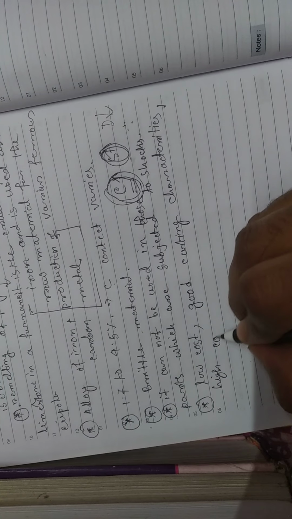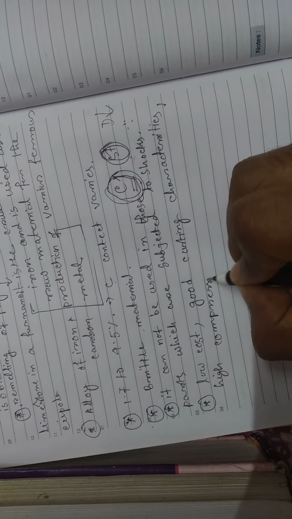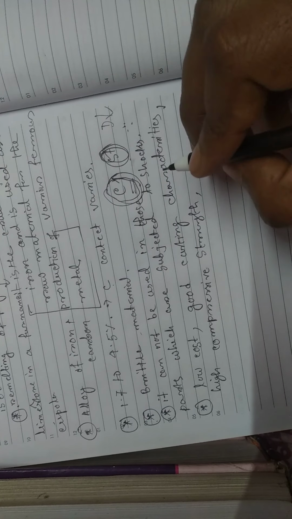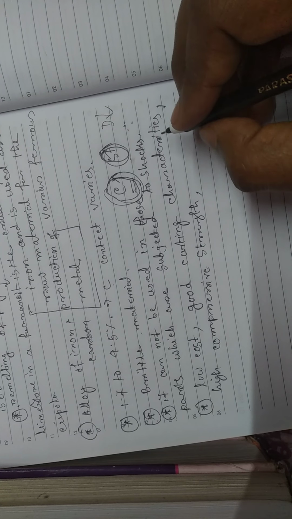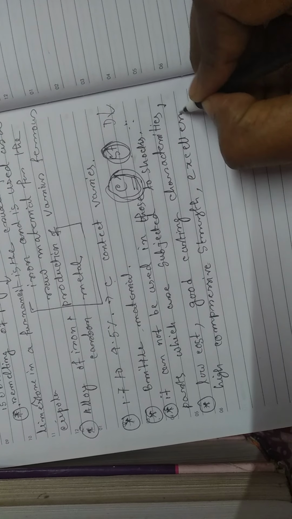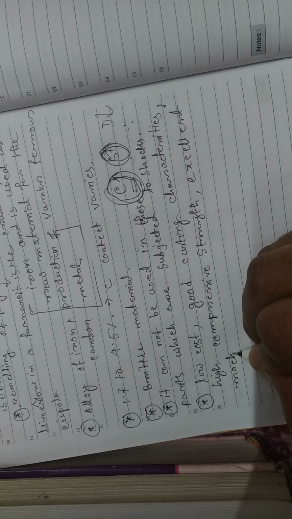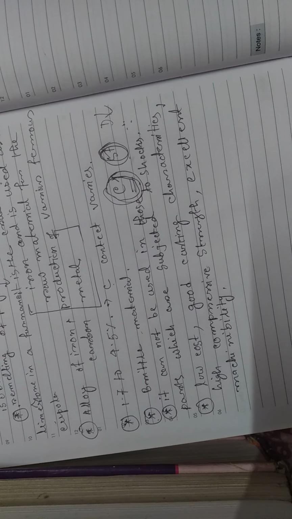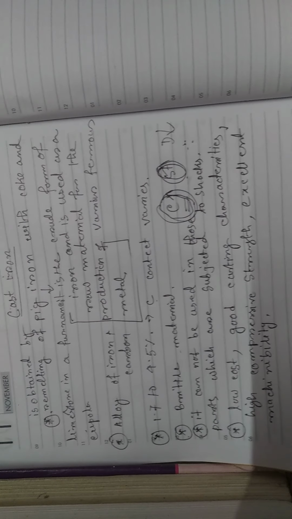High compressive strength, and excellent machinability is an important property. These are the advantages of cast iron, so that we can use it in various applications. And one more point, the compressive strength of cast iron is much greater than the tensile strength.